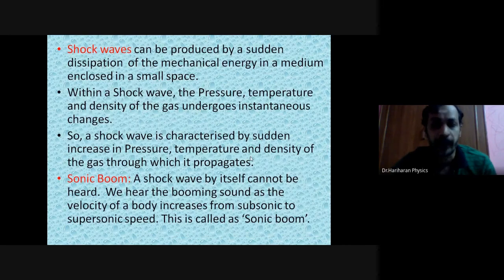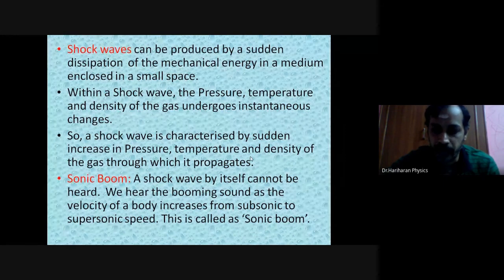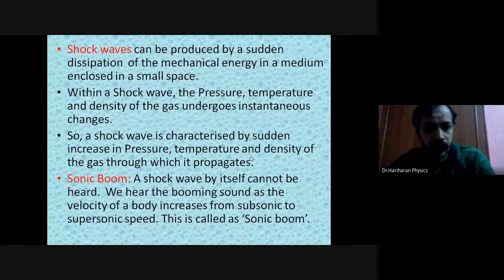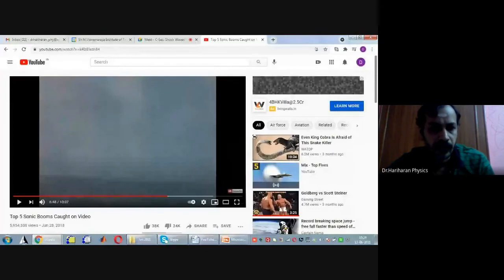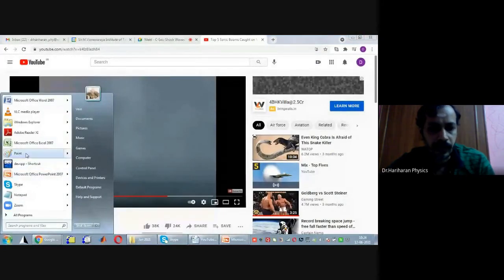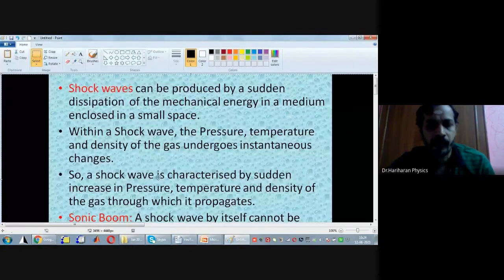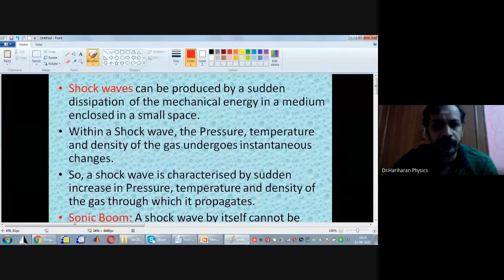Next, how can we produce shock waves? Shock waves can be produced by sudden dissipation of mechanical energy in a medium enclosed in a small space.